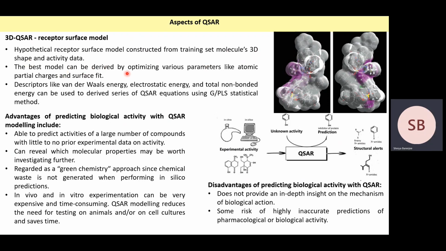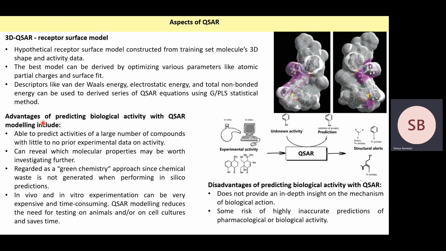The best model can be derived by optimizing various parameters like atomic partial charges and surface fit. Descriptors like van der Waals energy, electrostatic energy, and total non-bonded energy can be used to derive a series of QSAR equations using statistical methods.